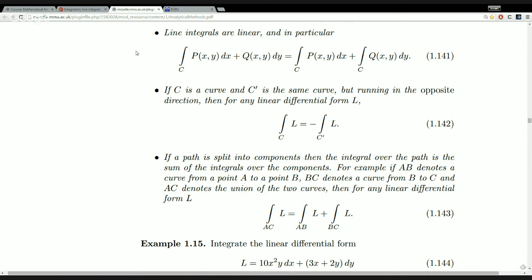If you've got a function f of x, and you're integrating f of x dx, just in a one-dimensional sense, from A to C, you're familiar with the property that if you want, you can introduce an intermediate point B, and firstly integrate from A to B, f of x dx, and separately integrate B to C, f of x dx, and add the results together to get the original.